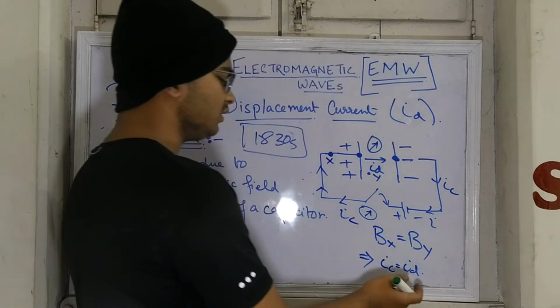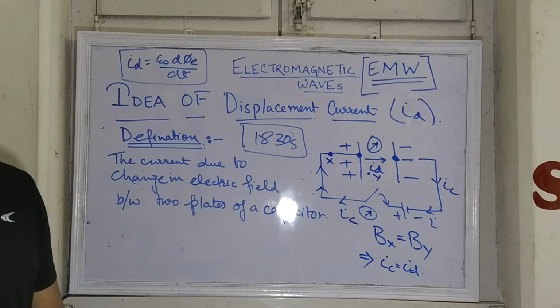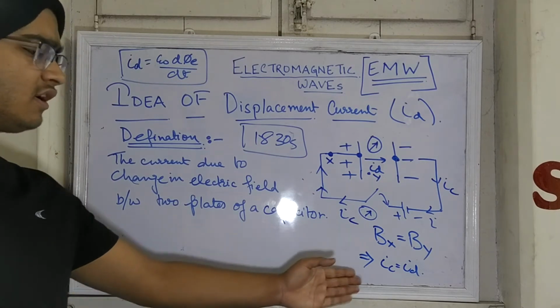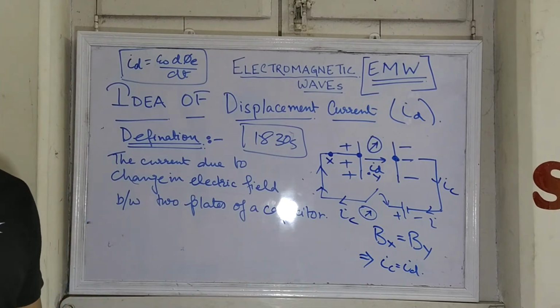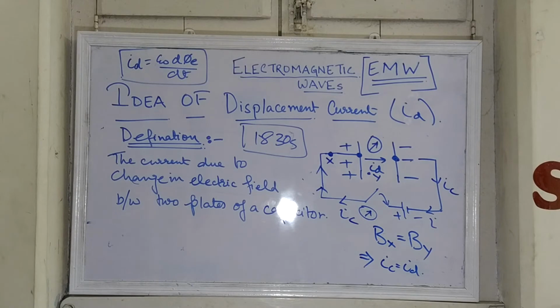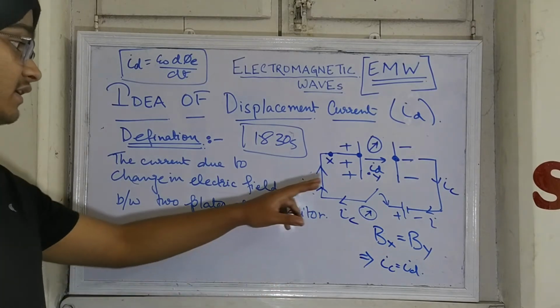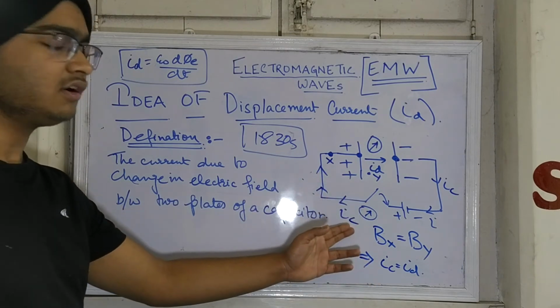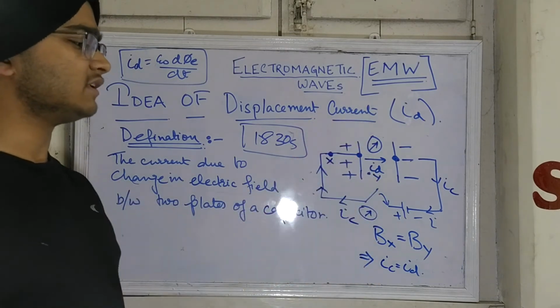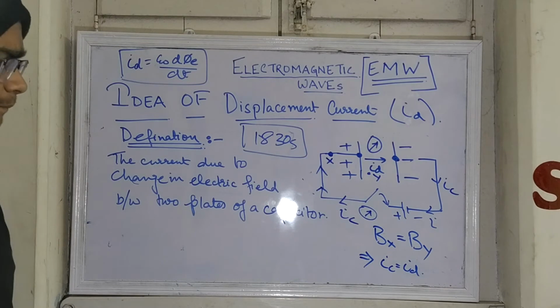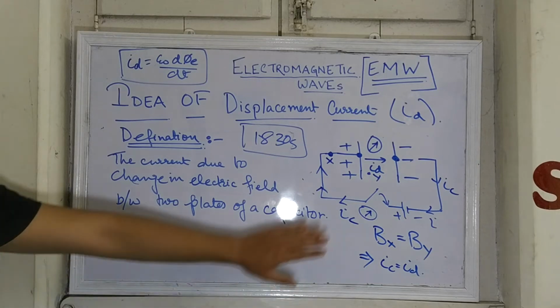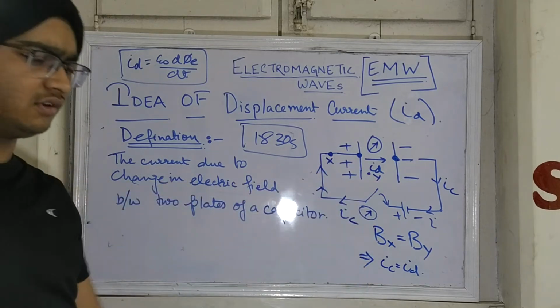So for continuity, if the magnetic fields at two places are equal, the currents producing them should also be equal. So this was performed by Maxwell, and from experiments he found this.